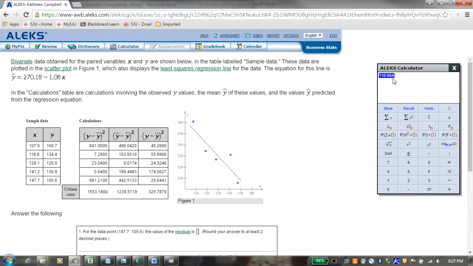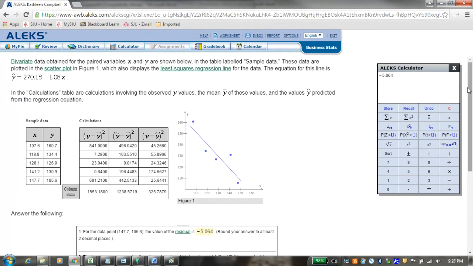And we get 110.664. So that's what we predict it to be. But it's actually 105.6. So we take the actual 105.6 minus the predicted, which gives us the residual of negative 5.064.